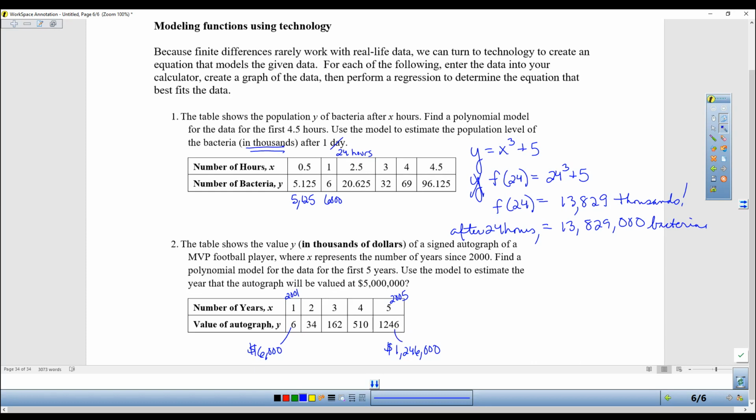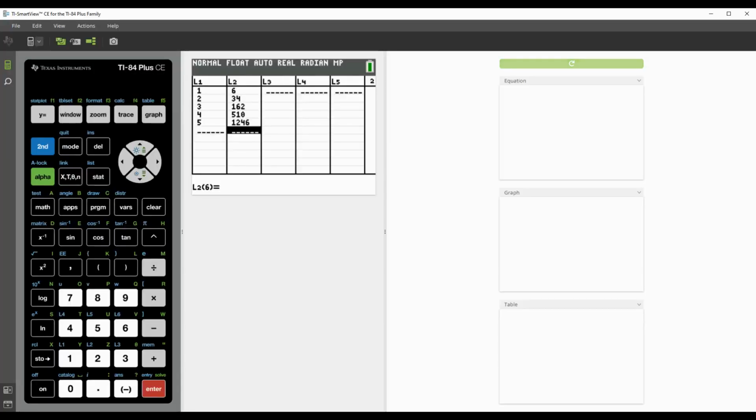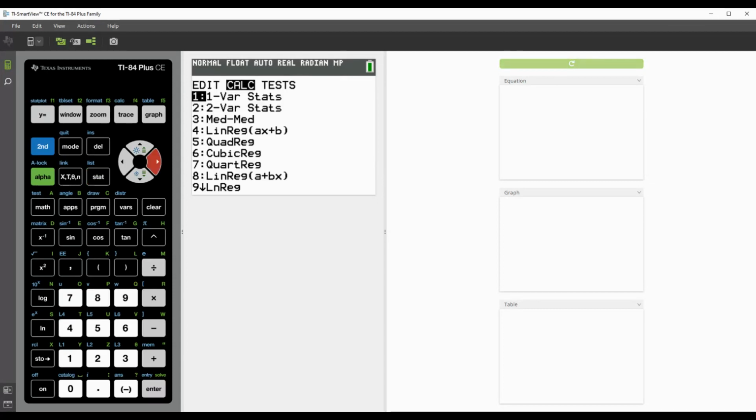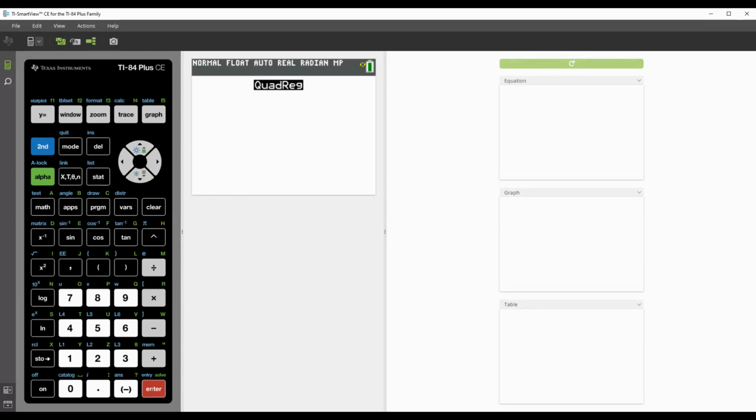So again, we're going to go back to our calculator and enter this data in. I already entered my data in, and now I want to do the regression. I'm going to go to Stat, Calculate, and again, I'm going to start with the quadratic regression and see what I get from that. I'm looking at the correlation factor, which is very high, 0.992.